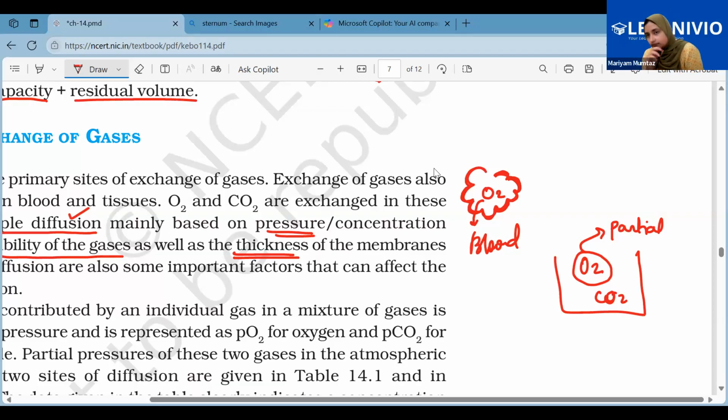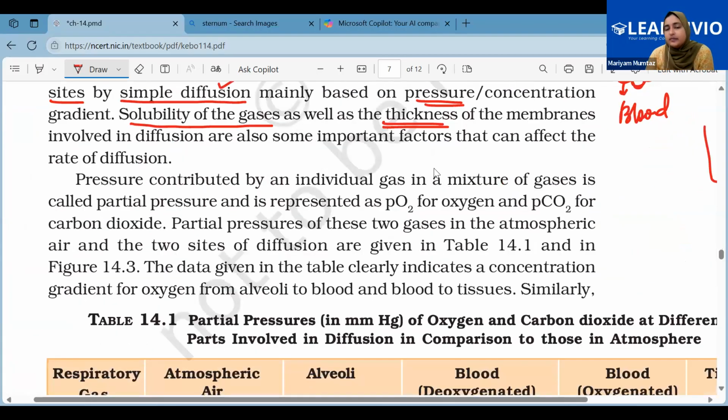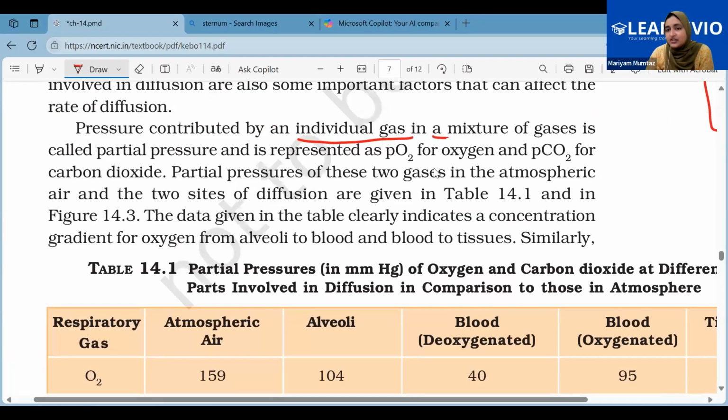The pressure of one gas in a mixture of gases is partial pressure. If it is about oxygen, we write pO2, small p O2. If it is carbon dioxide, we write small p CO2.